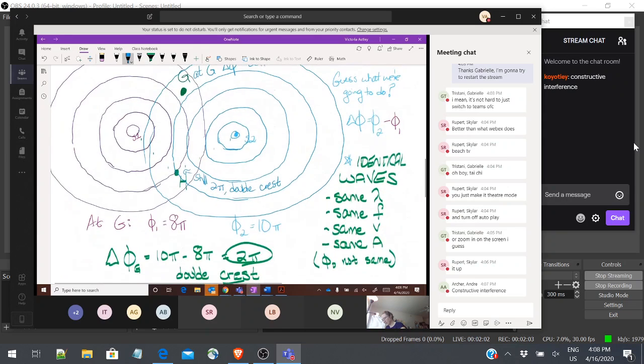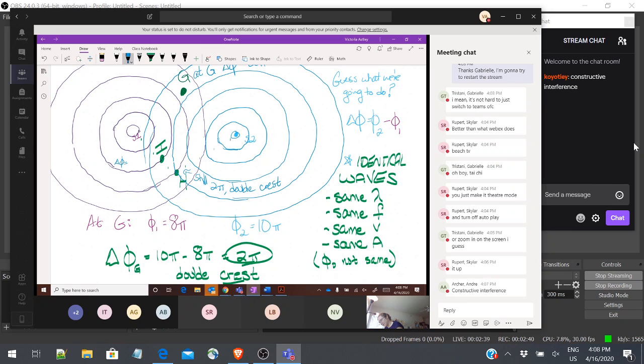What about, these circles are really bad. A point like right here, at I, our phase difference is going to be, no, that's not right.